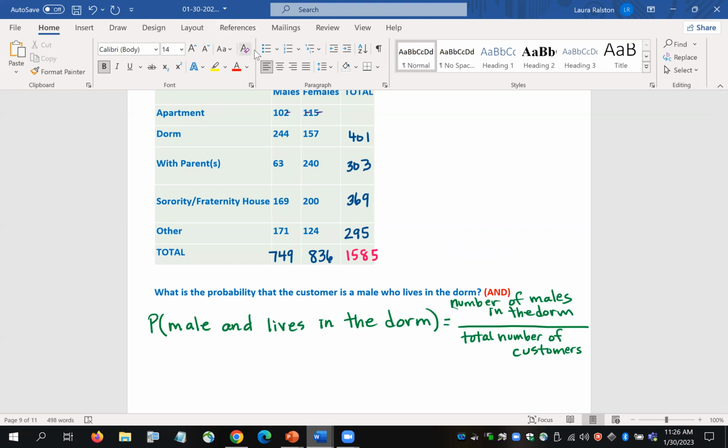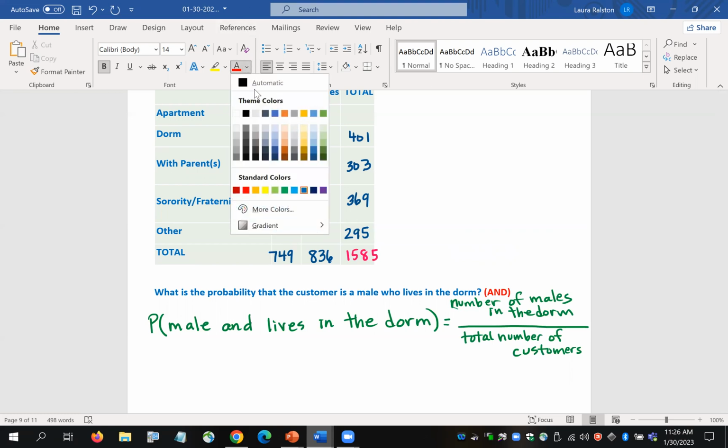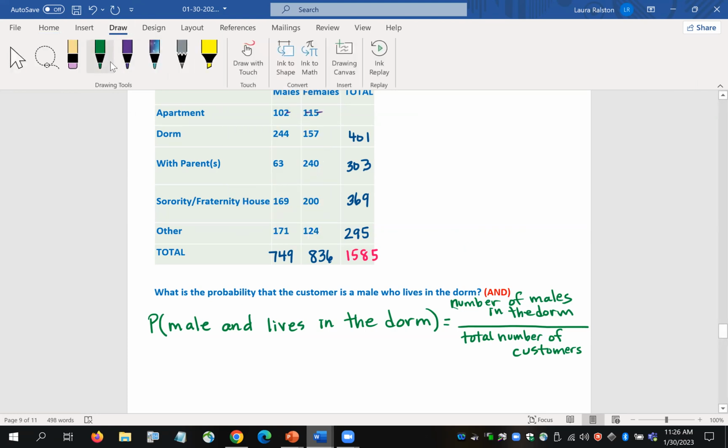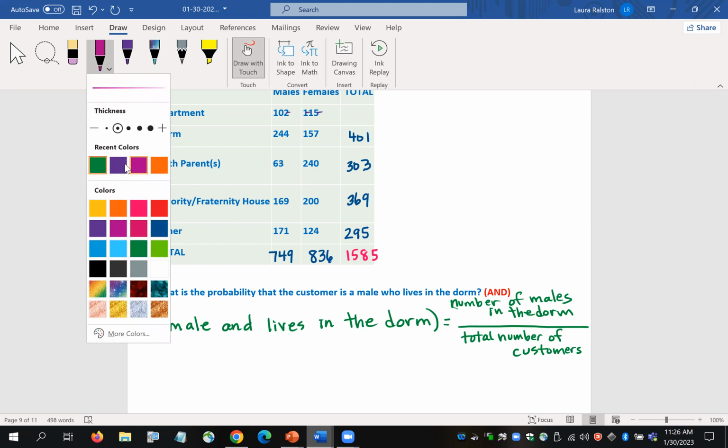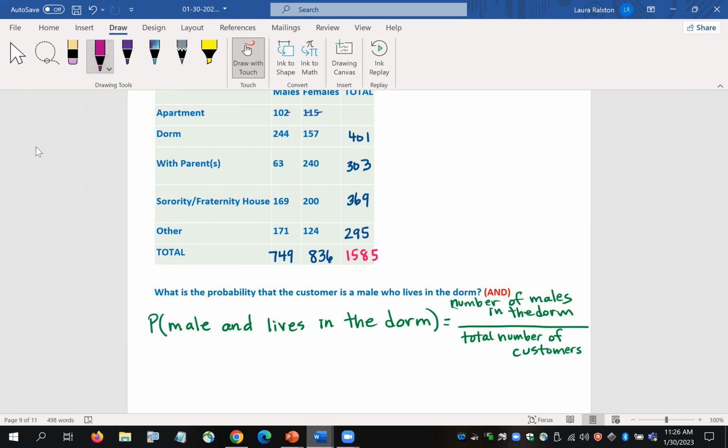Okay, so this is an and. When you're thinking about probability theory, the idea of and is the overlap, or the intersection. It's where the 2 conditions meet.